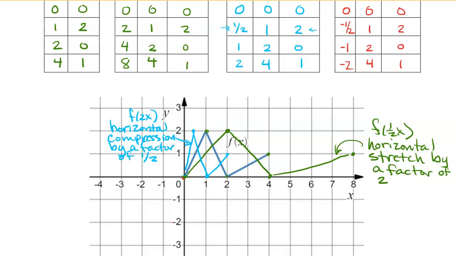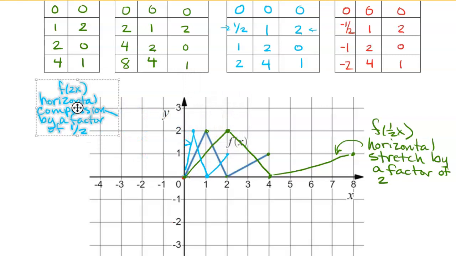I should have probably put this somewhere else. I was thinking I had room here, but I need that space. So I have negative 1/2, comma 2. And then I have negative 1, comma 0. And then I have negative 2, comma 1.